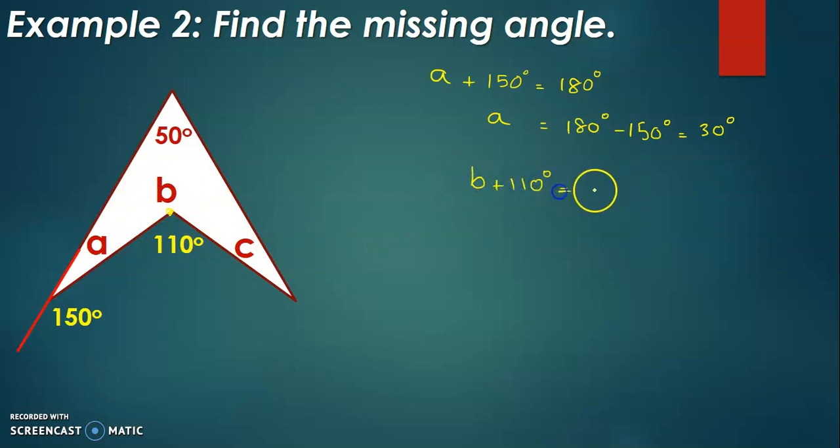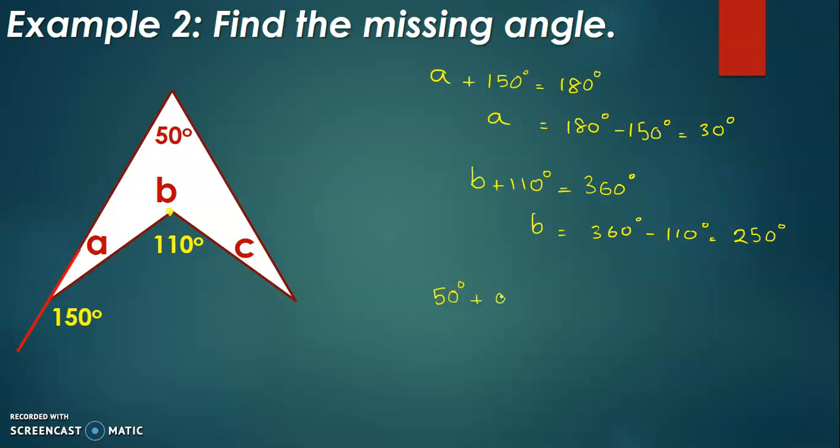So B plus 110 equals 360, and B would equal 360 take away 110, which would give you 250 degrees. Now, if you want to find C over here, again, I am going to write up all the information that I have.